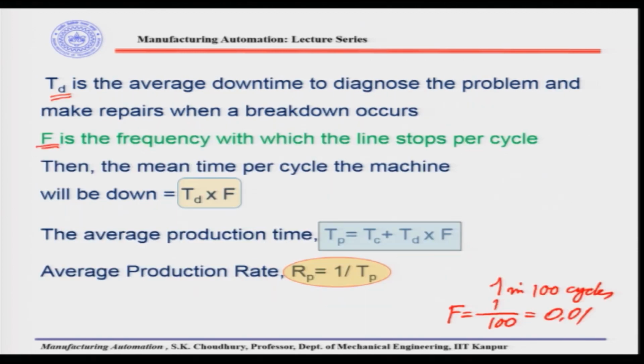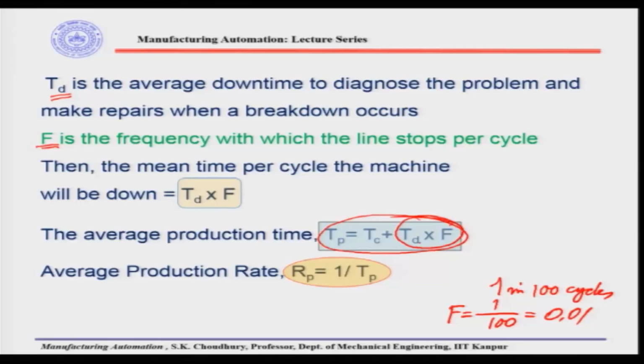So, we can write that Tp is equal to Tc plus f into Td, and this is the factor which counts the line breakdown because of various reasons. If the machine stops, or something goes wrong in the machine, or the tool is broken, this takes, let us say, Td time, and the frequency is f. So, f into Td is the time, and therefore the actual or average production time will be more than the ideal cycle time by this Td into f.